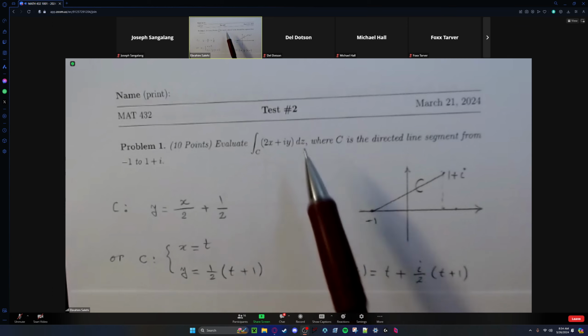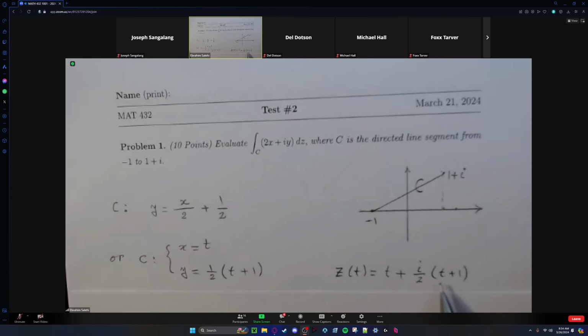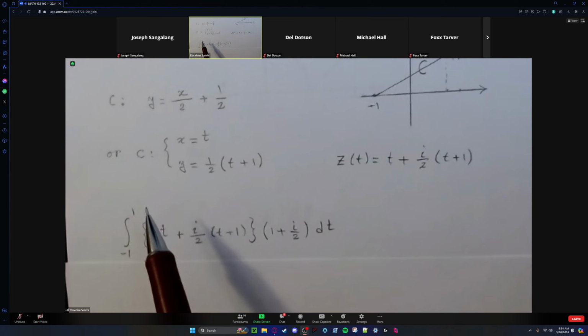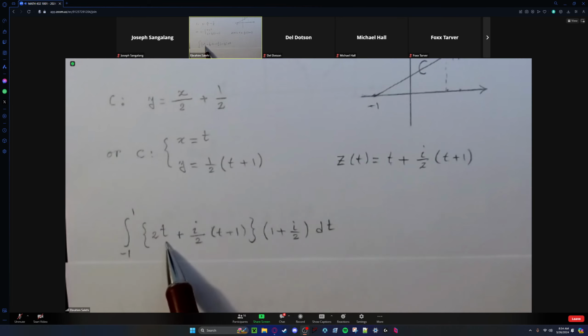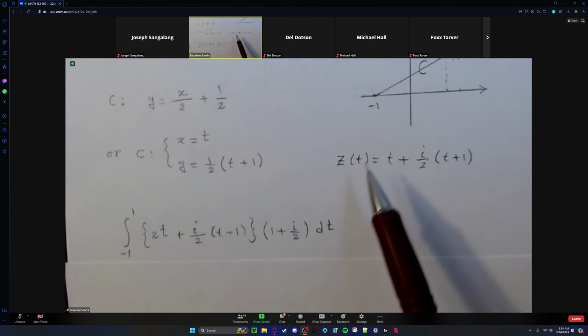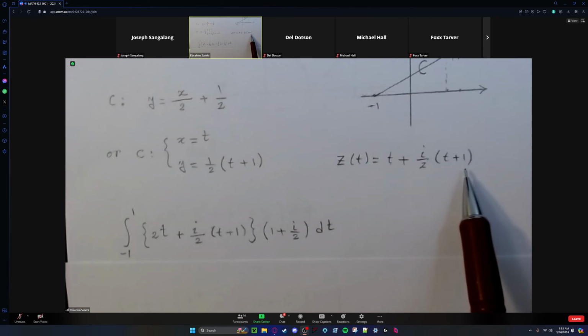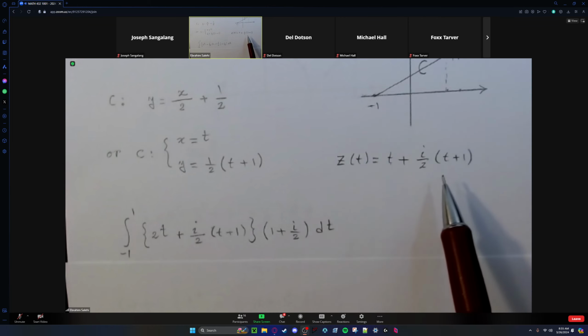And then dz. What is dz? If z is this, it will be derivative with respect to t times dt, all right? So here we go. So you replace x by t, y by this, and here is dz. The integration goes from -1 to 1 because when t is going from -1 to 1, we will cover all of this curve.